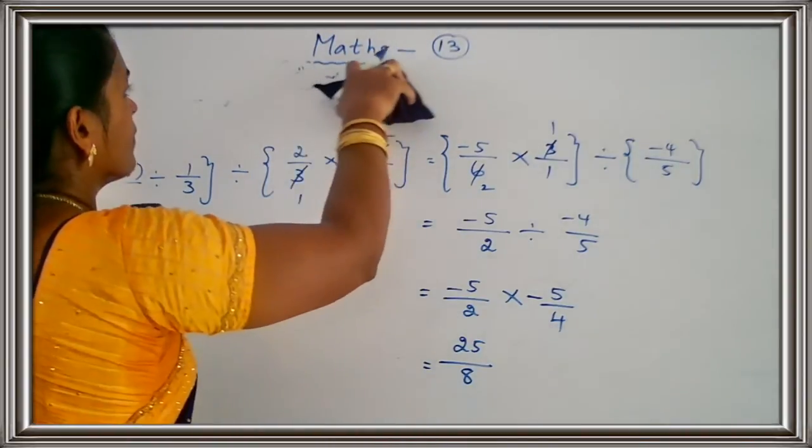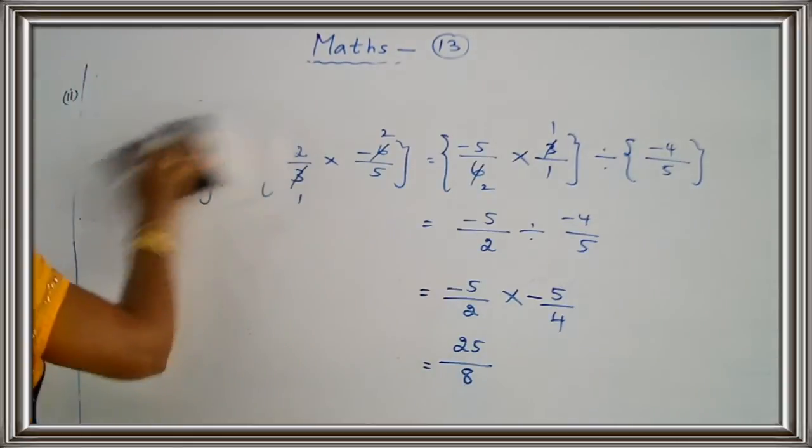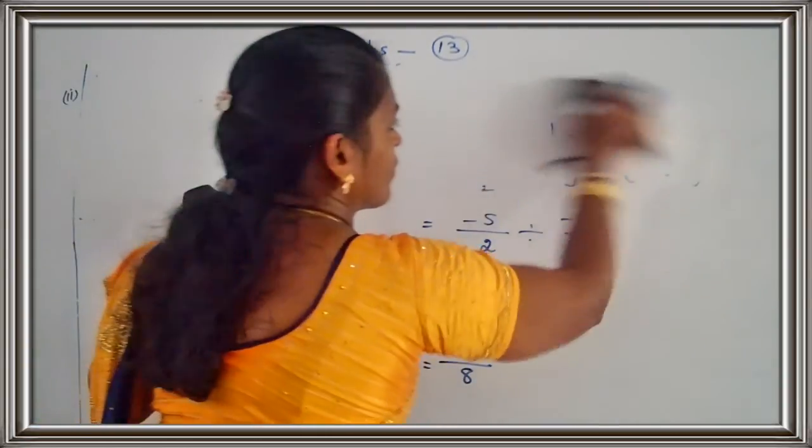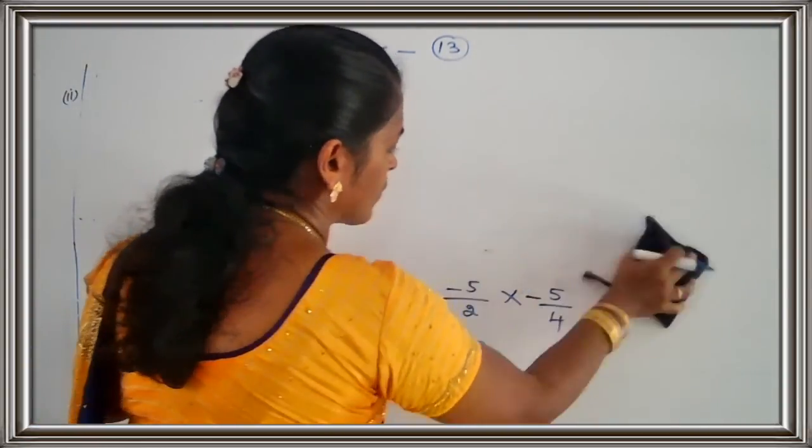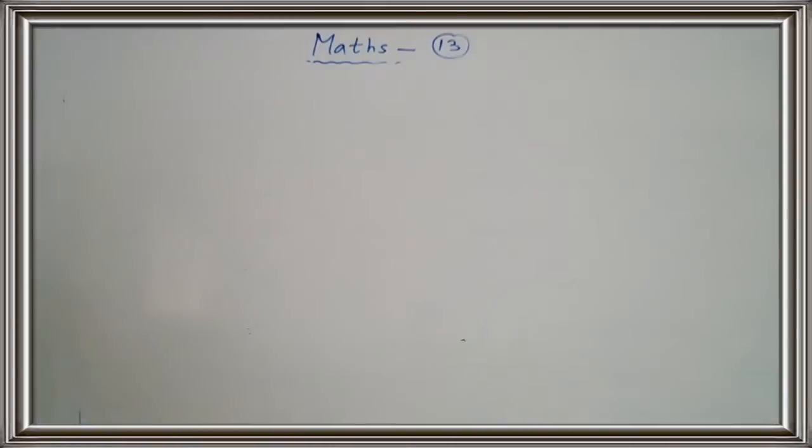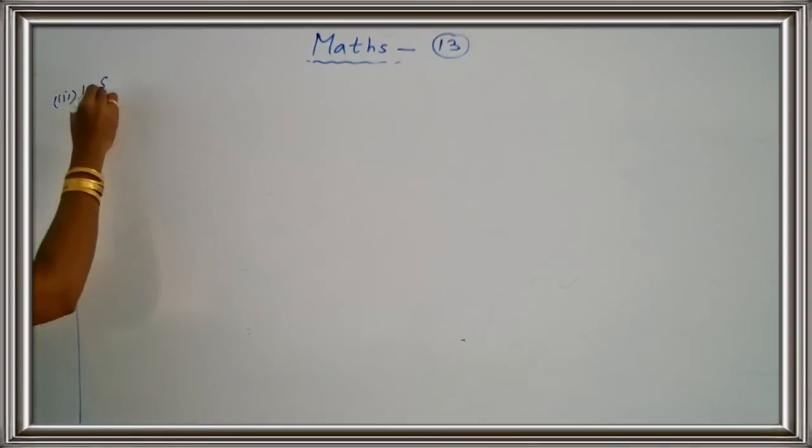Okay, your question is, again rewrite the question. 3 upon minus 5 into minus 7, multiply 4 upon 7 divided by 2 upon minus 7.